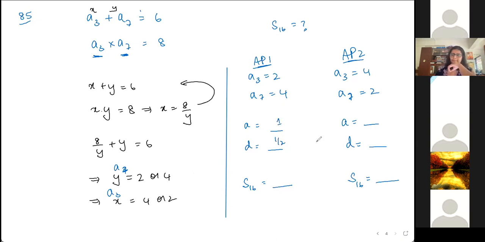Yeah, and S16 can be positive or negative because it's squared. You have to consider both. Tanusha, correct. So S16, you'll get two values. It's either 76 or 20.